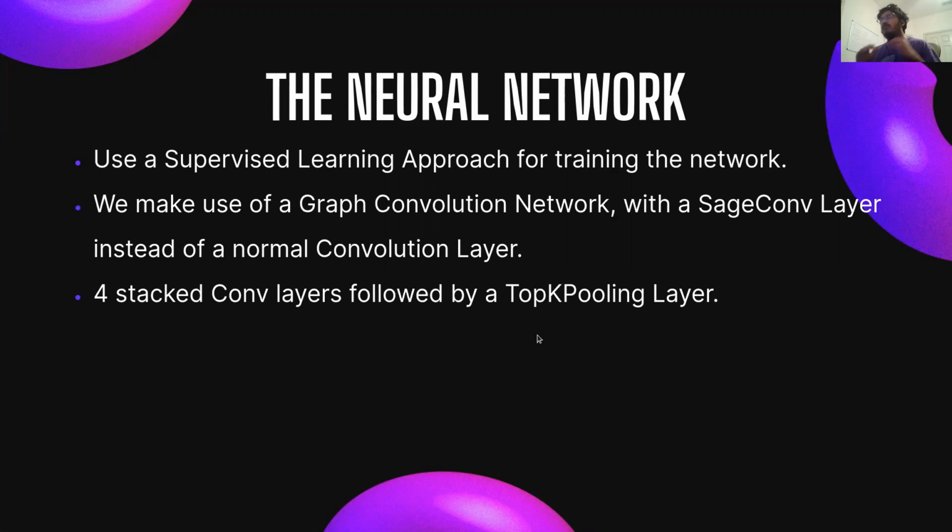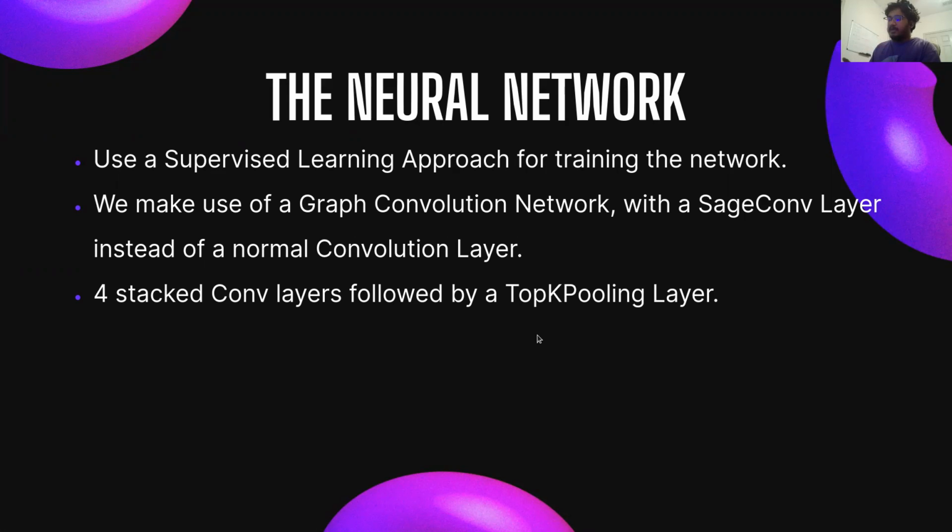The reason we go for this architecture is that SAGEConv layers are better at understanding the interactions between multiple nodes in a graph, and they also perform better on unseen data as opposed to a traditional conv layer.